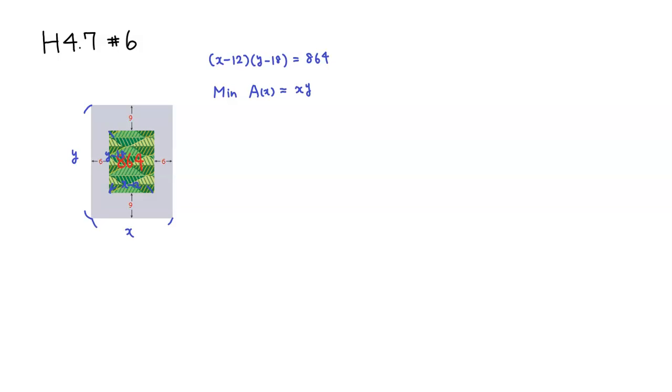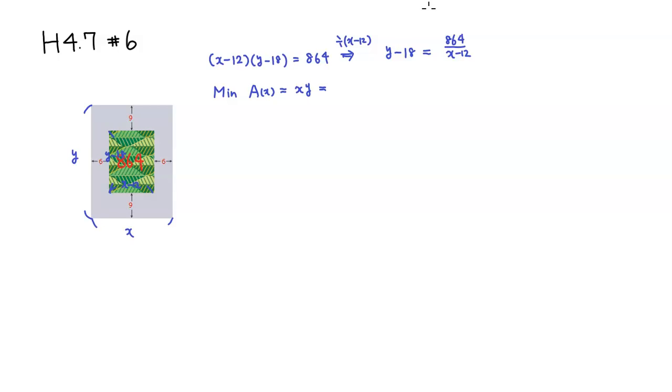But we would like to rewrite it in terms of just y. I'm going to use this first equation and solve for y, so divide by the quantity x minus 12. You have y minus 18 is equal to 864 over x minus 12.